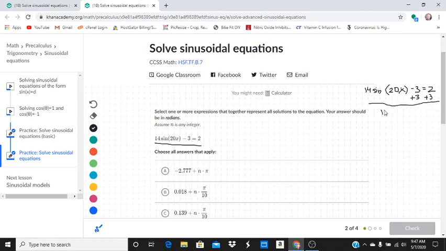So we're going to get 14 times the sine of 20x equals 5. Okay, so we're SAD mapping along. We undid the subtraction. Now we've got to undo the multiplication of 14, so we're going to divide both sides by 14.